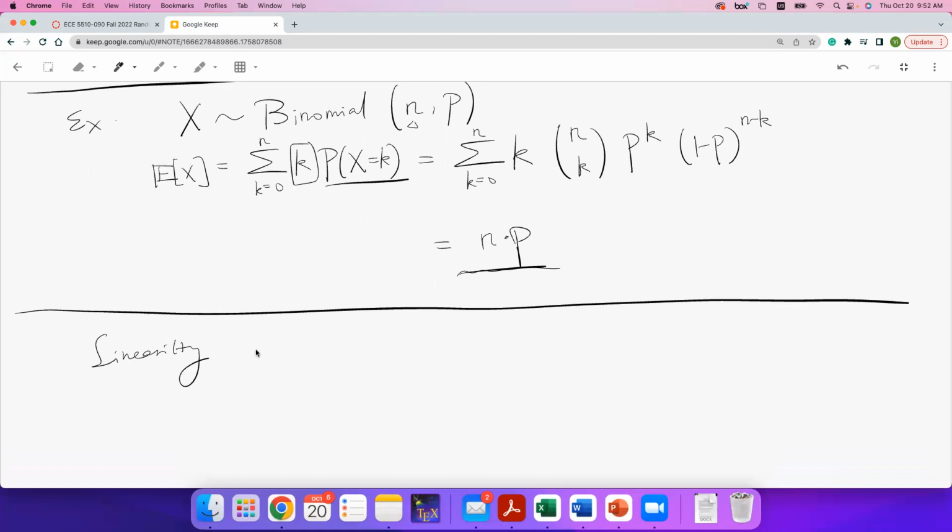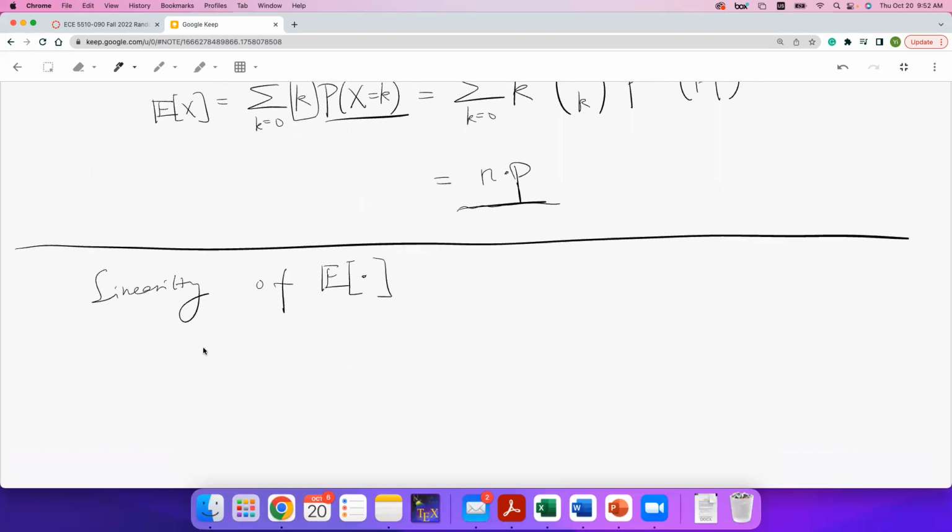And then let's look at the linearity of expectation. The linearity says that it's very simple.